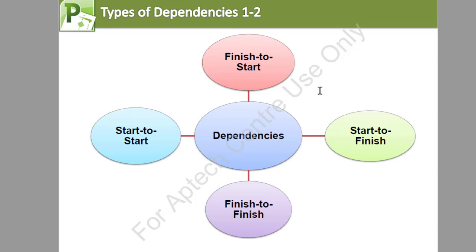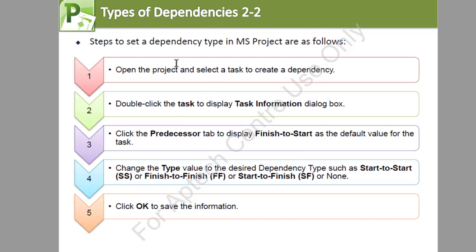Now we look at the steps to set dependency types in MS Project. You open the project and select the task to create a dependency. You double click the task to display the Task Information dialog box. Then you click the Predecessors tab, which displays finish to start as the default value for the task.